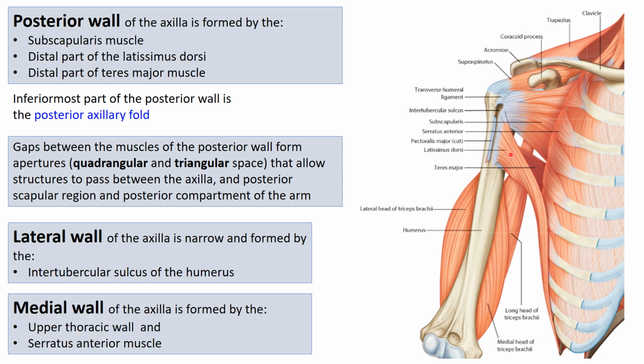And then the medial wall, you can see this is the medial wall of the axilla, and it is formed by the upper thoracic wall. You can see the ribs here, and you can see this particular muscle which is attached to the ribs, and it has a typical serrated shape, and that's why this one is called the serratus anterior muscle. So the upper thoracic wall and the serratus anterior muscle form the medial wall.